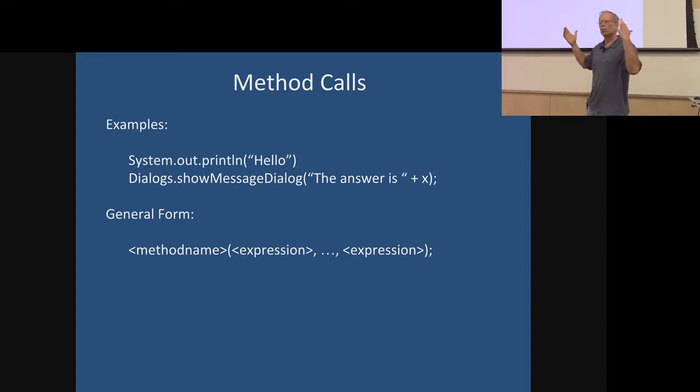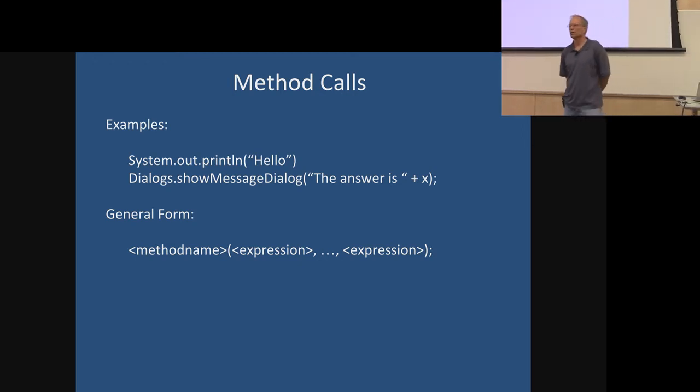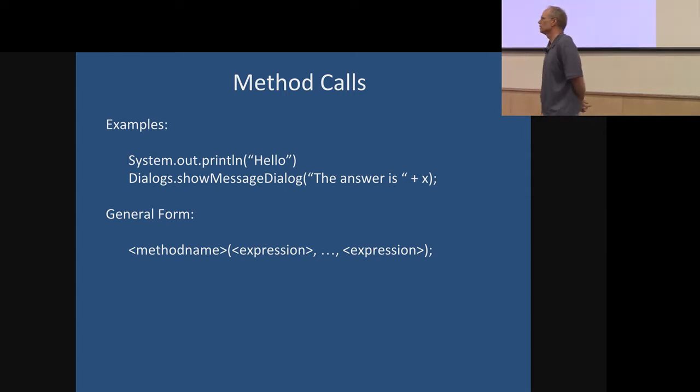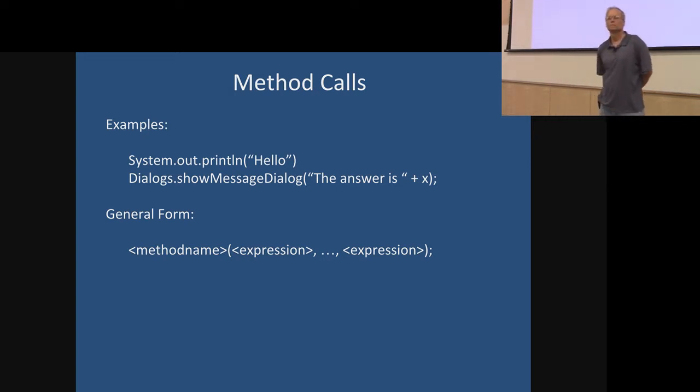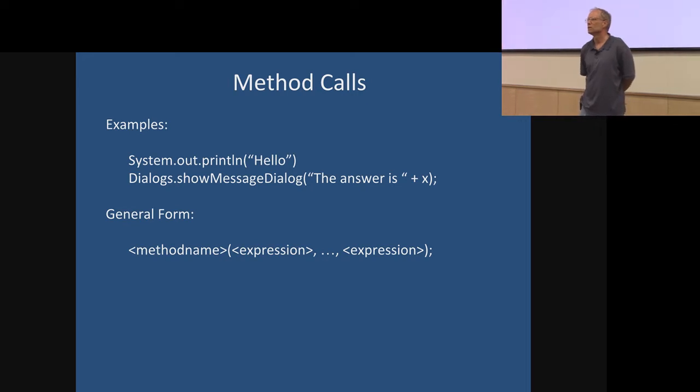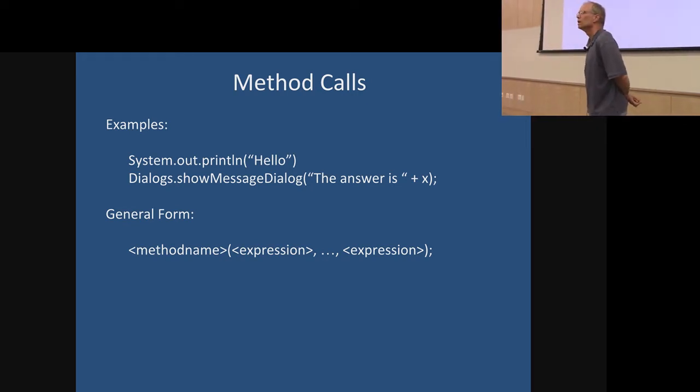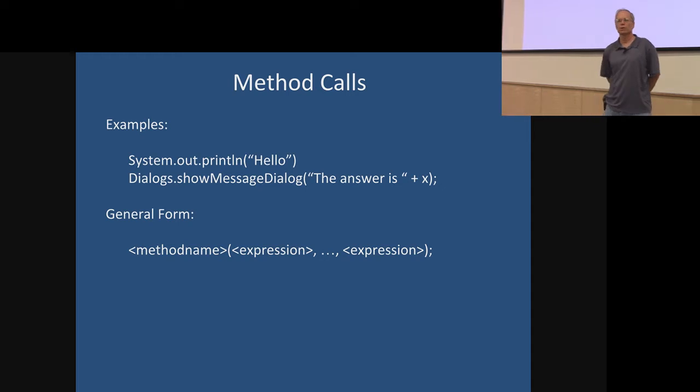Now, when Java sees something like this, what does it do? It does what you asked me to do. Yes? Well, let's get back. What does it do with the expressions? No, it does not plug the expressions into the method.